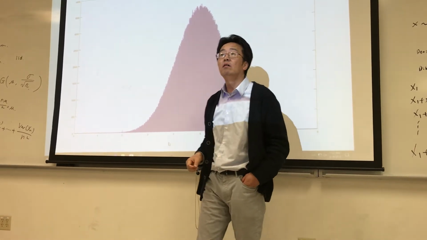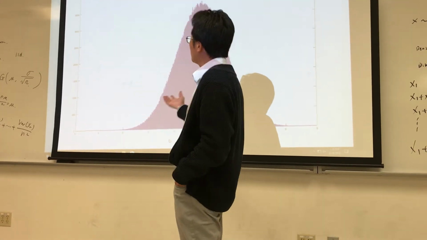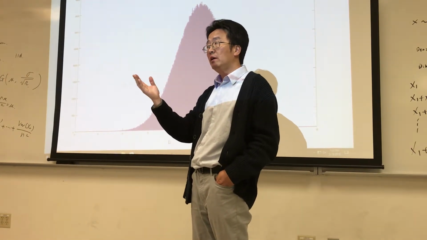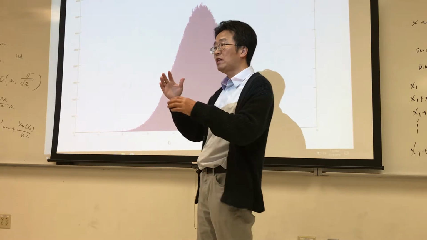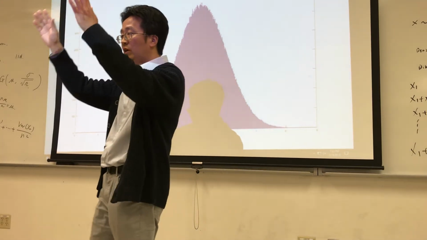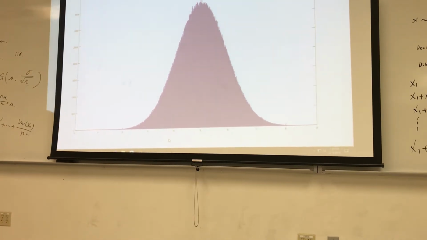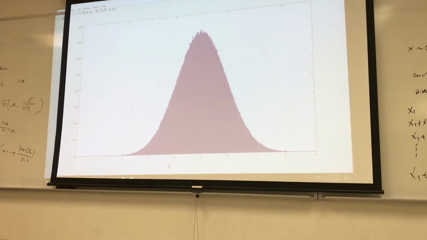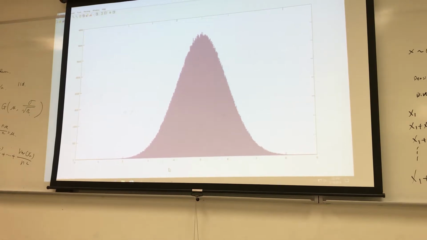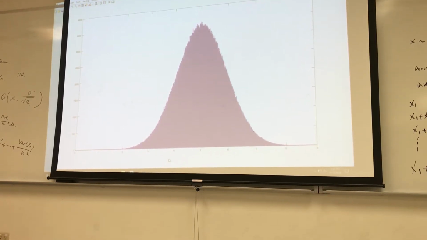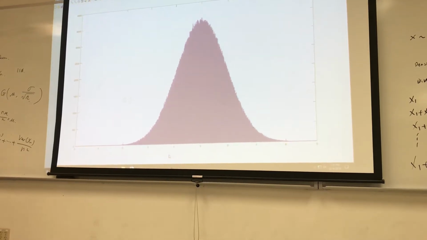And I just mentioned this is not an actual PDF, because a PDF should satisfy one condition, which says the area enclosed by this bell shape should be 1. And again, you have to follow the instruction given in the book regarding how to modify this histogram so that it can become an actual probability density function.